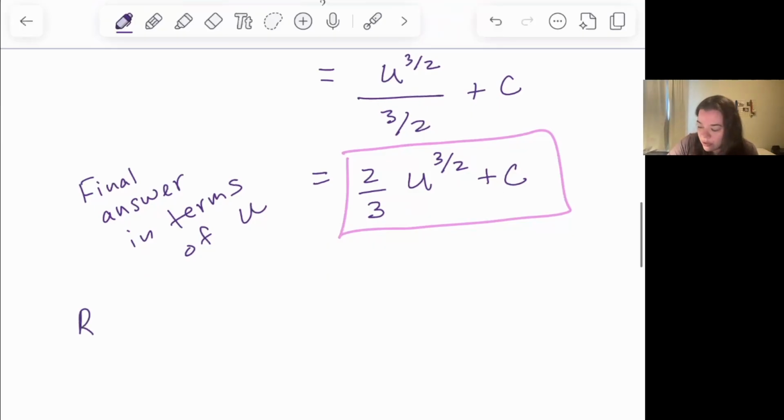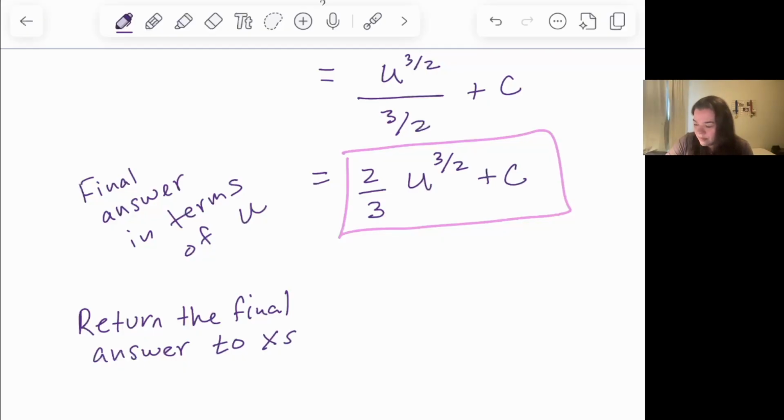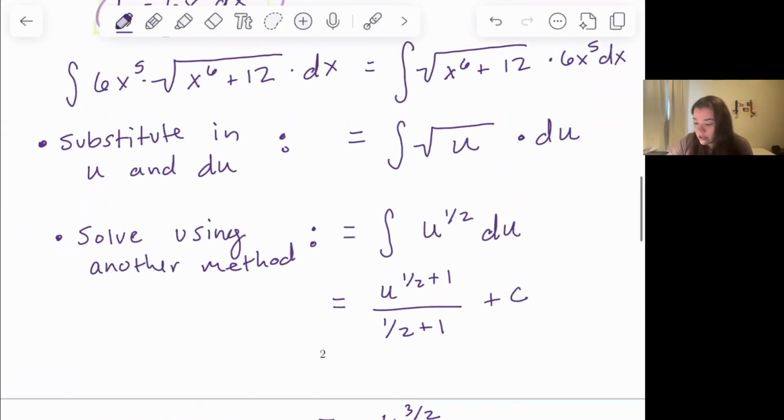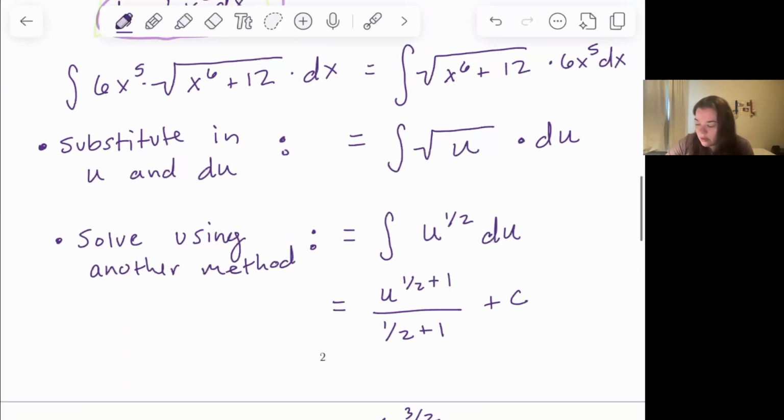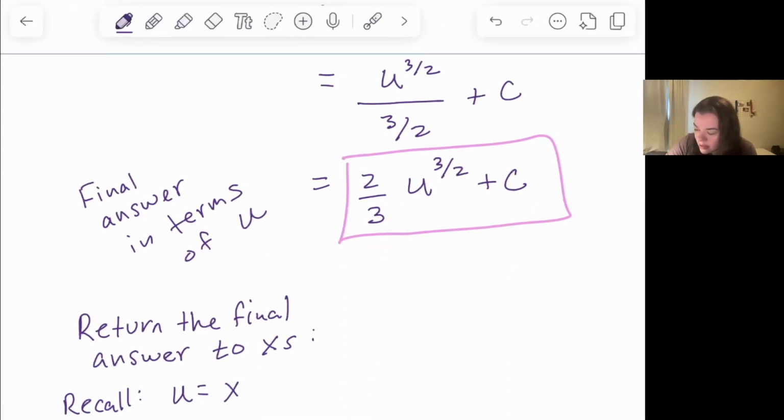We return the final answer to x's. In order to do that, you just have to remember what your u was. Recall, u equaled, I need to scroll back up a minute to find my scratchwork. What did u equal? u equaled x to the 6th plus 12.